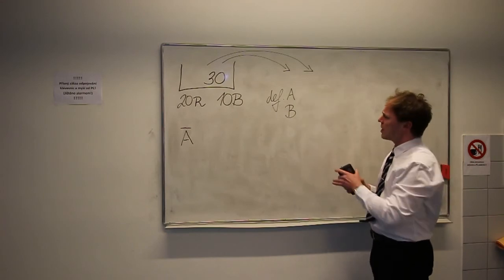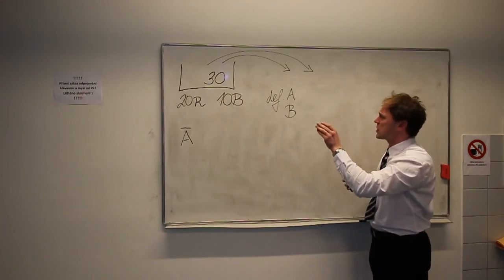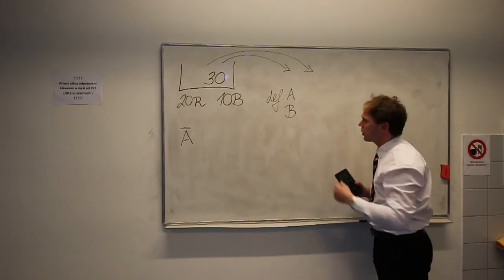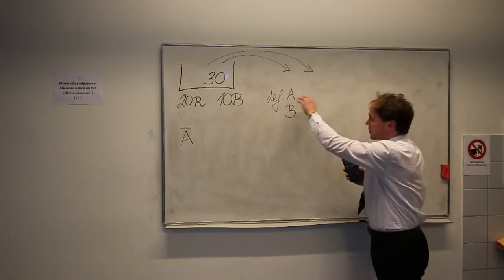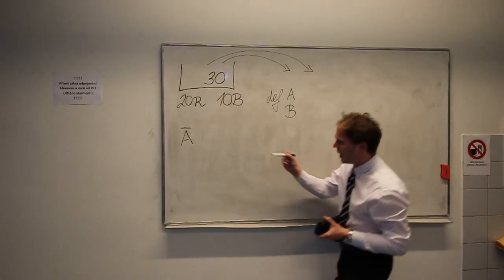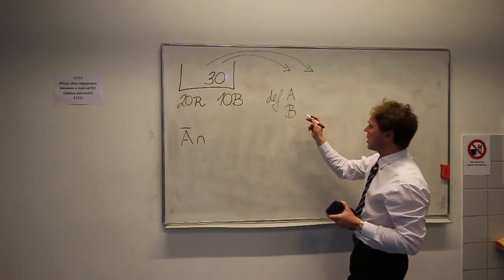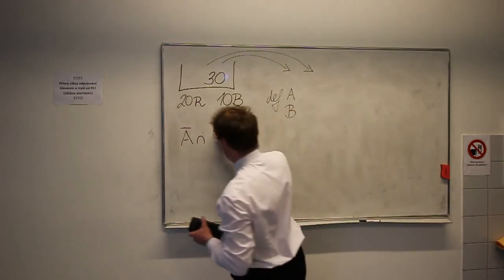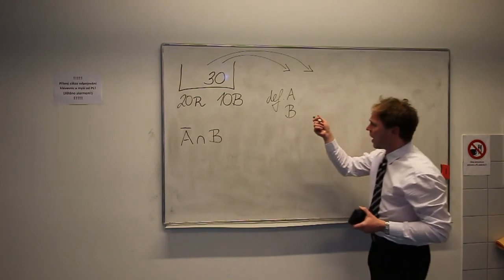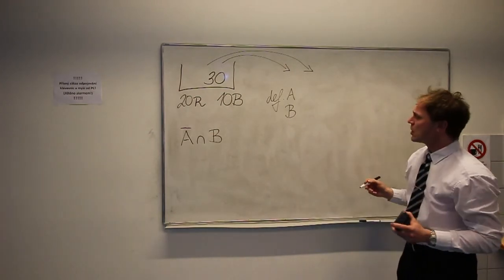Because A, the first card selected from the basket is blue, its negation is red. The first card selected from the basket is red. This is A known. And I will be happy if I see random event B: the second card selected from the basket is blue. So this is one option.